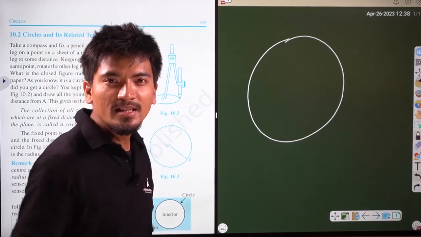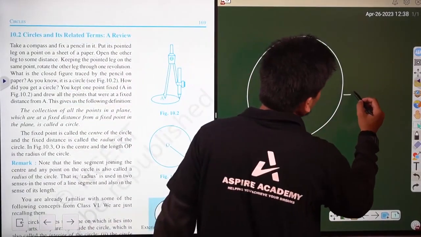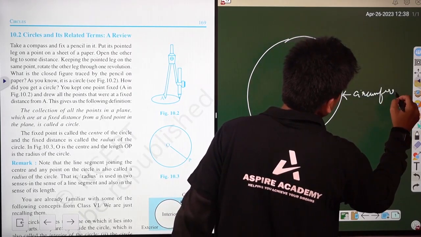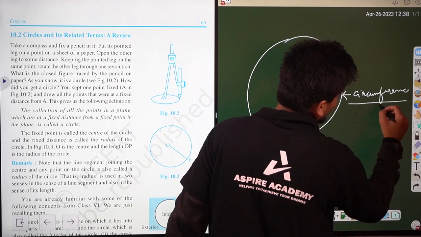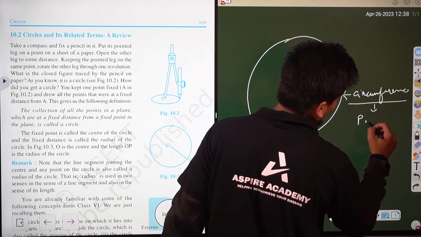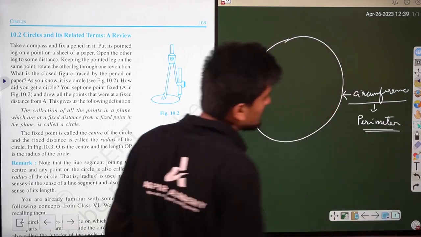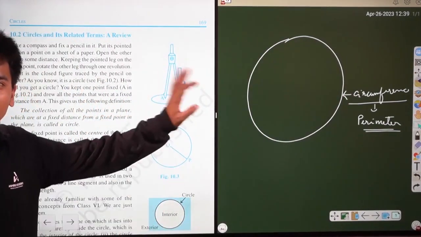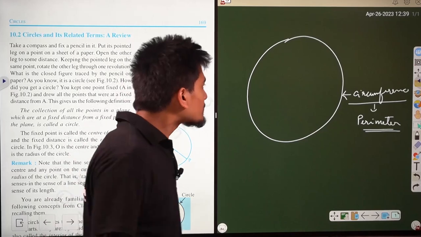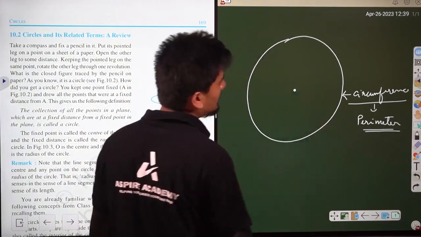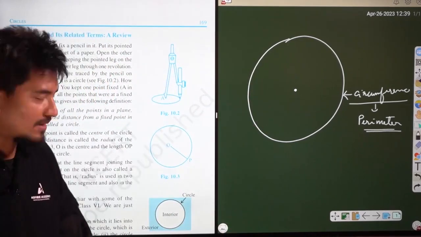We will call this the circumference. And circumference is nothing but the perimeter. We all know this. So this is the center of the circle. Okay, let this be the center of the circle.